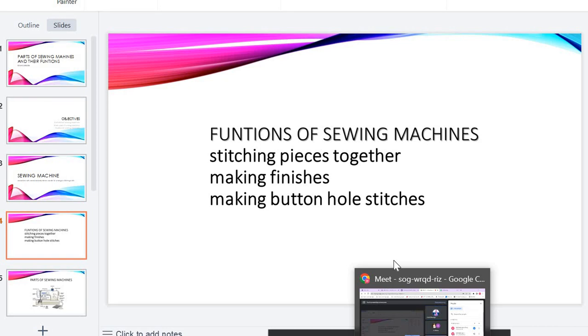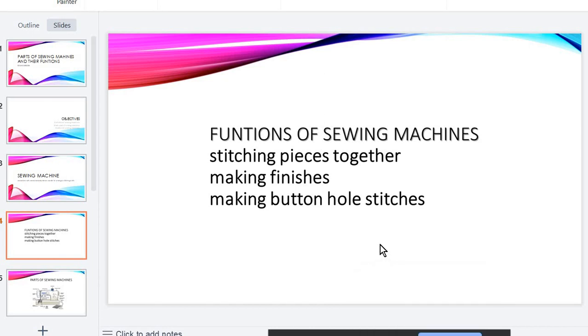Yes, another example of a sewing machine type. An overlocking machine. Yes, how is it used? It is used to neaten seams and finish garments. Yes.